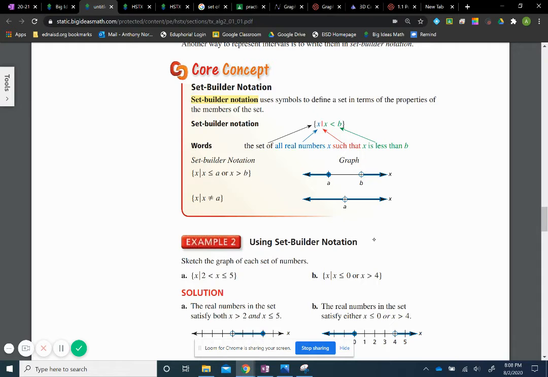And this is what the graph looks like. So once again, another example, curly braces, a set of numbers such that those numbers do not equal X.